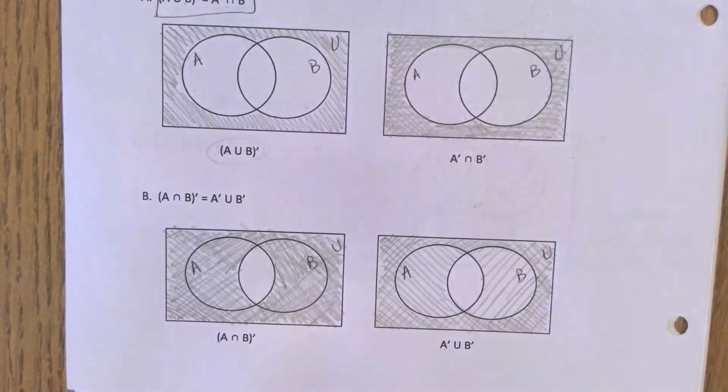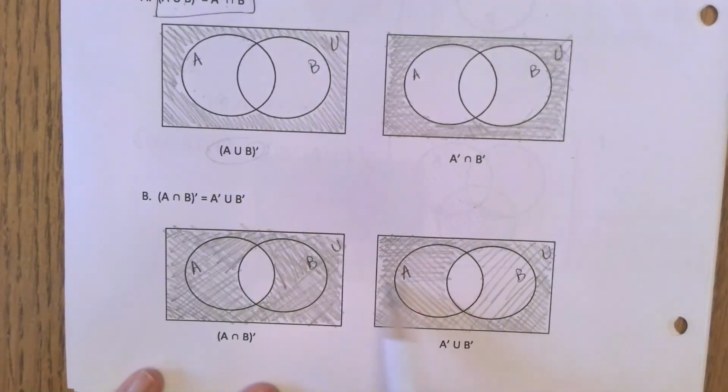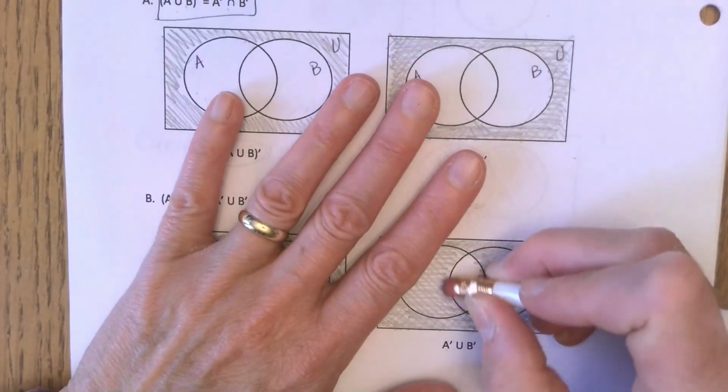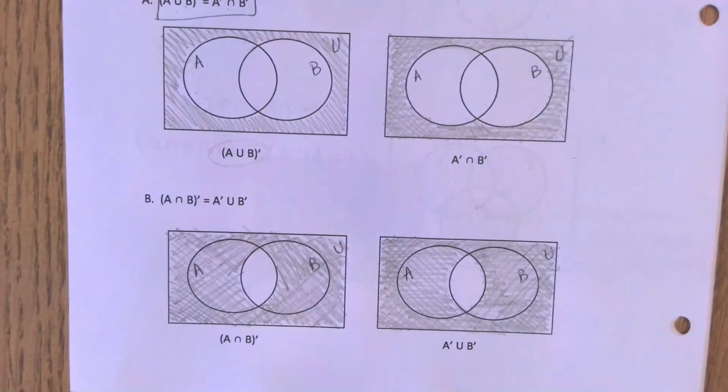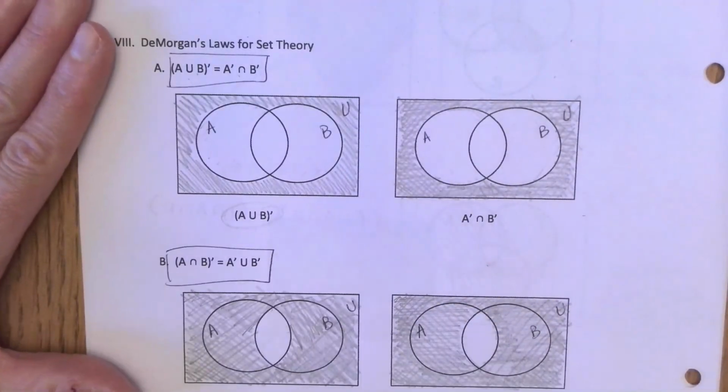I want the union of that. So I want everything that's been shaded, literally everything that I just shaded, which is everything out through here. And you can see that, in fact, yes, they are the same picture. So again, proving De Morgan's law.